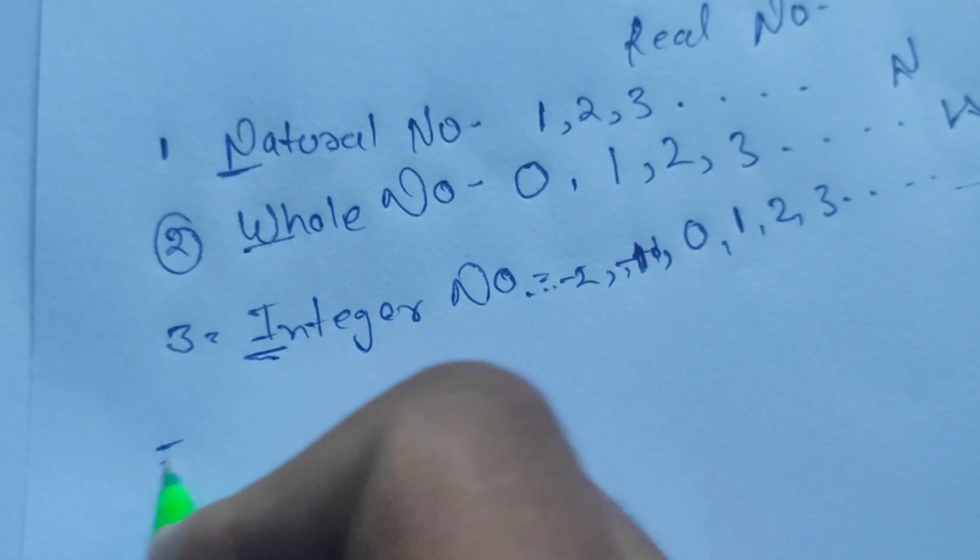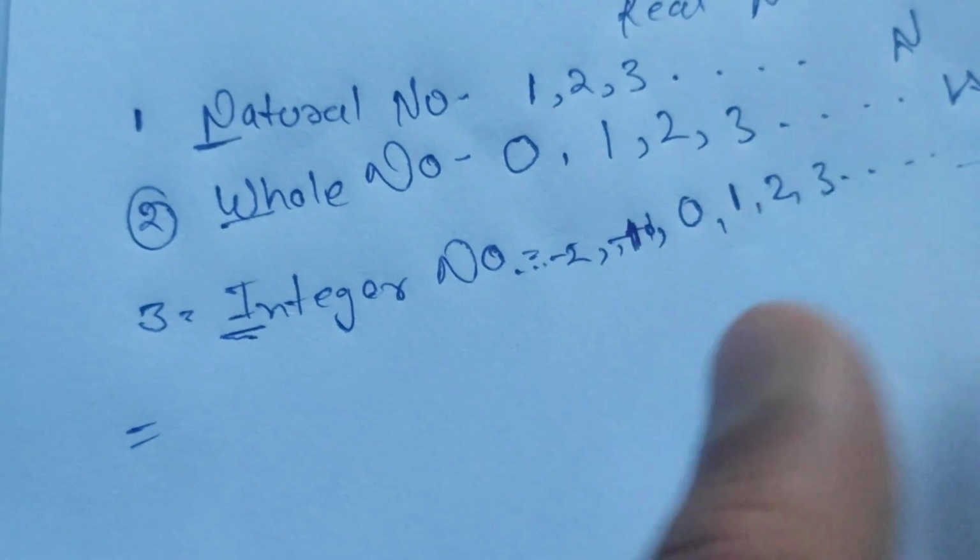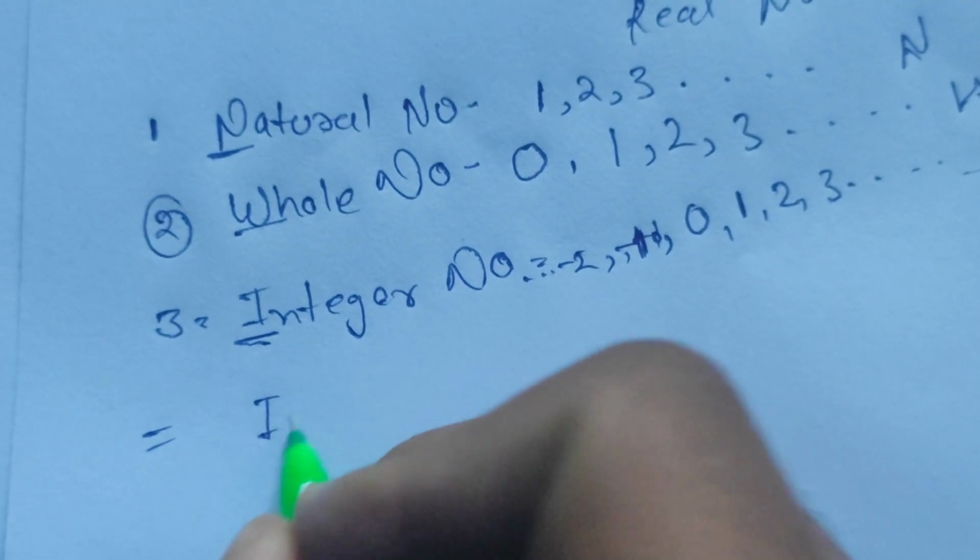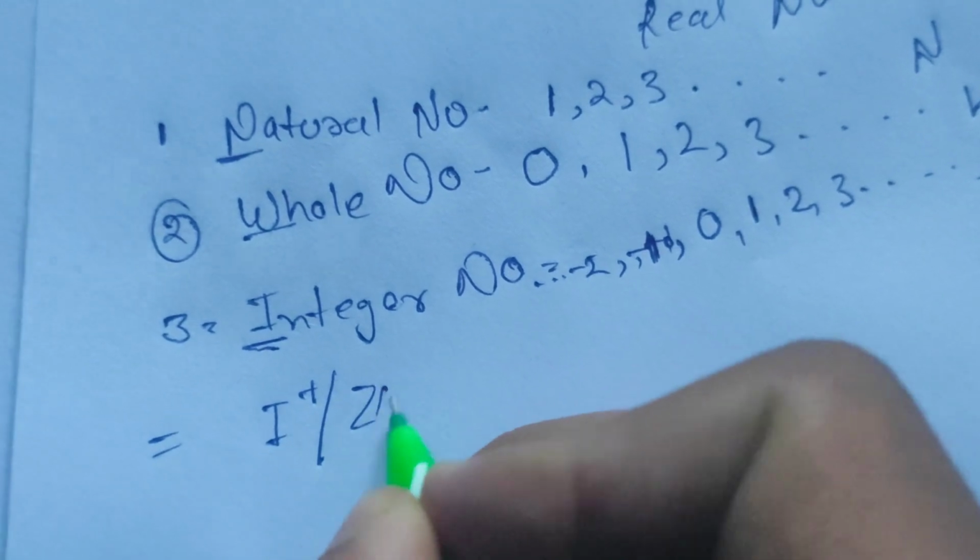The positive integers are denoted by I positive or Z positive.